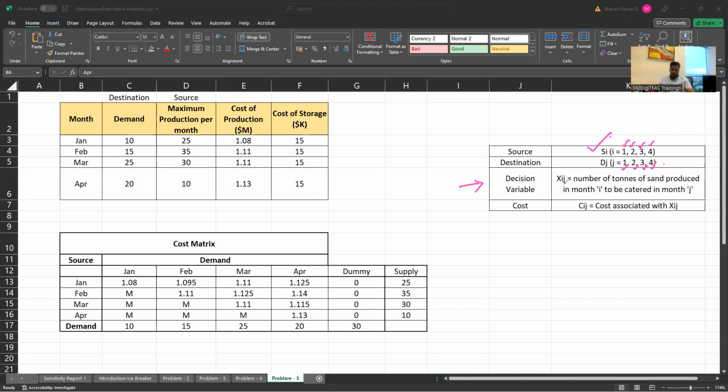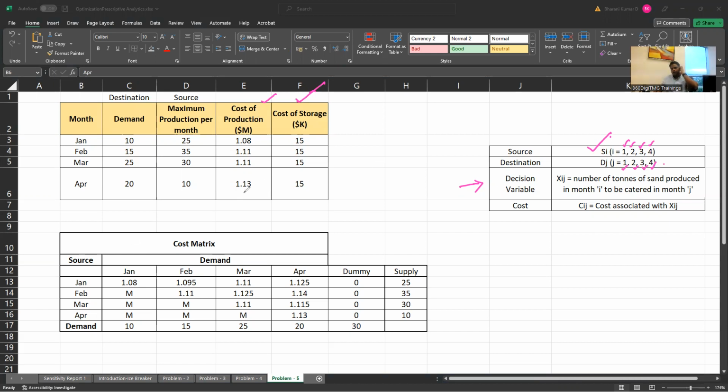How many tons of sand would you manufacture in month three, which will be consumed in obviously month three, so on and so forth. Okay, and CIJ is a cost associated. Then the cost includes production cost and the storage cost. So you have the source and you have the demand.